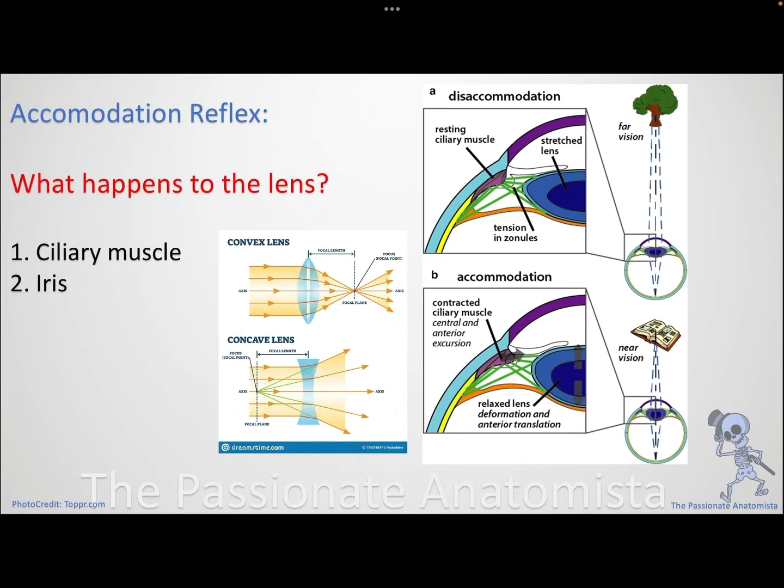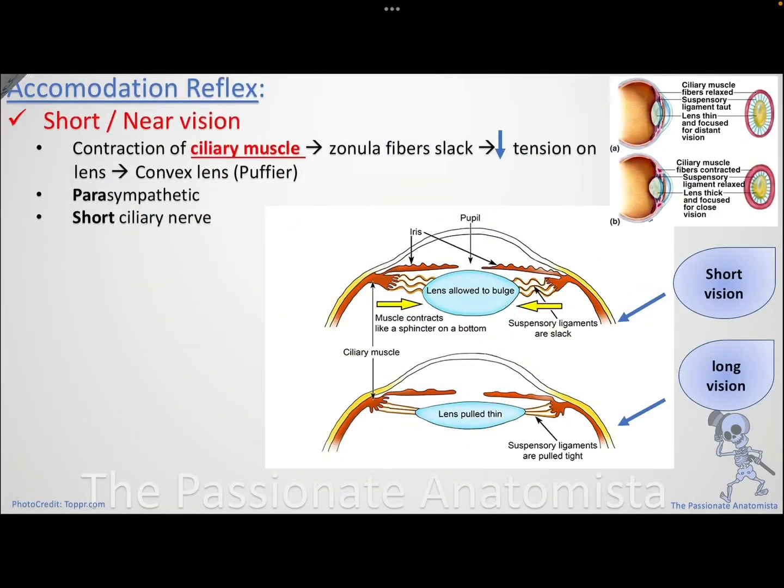In order to accommodate for the light and for the object that I'm looking at, I need the function of the ciliary muscle and the iris. These two help me to modify and accommodate to the object I'm looking at. First of all, I have the lens.